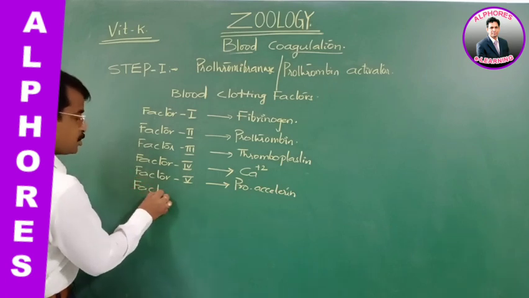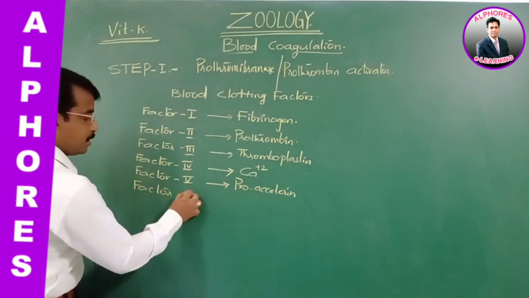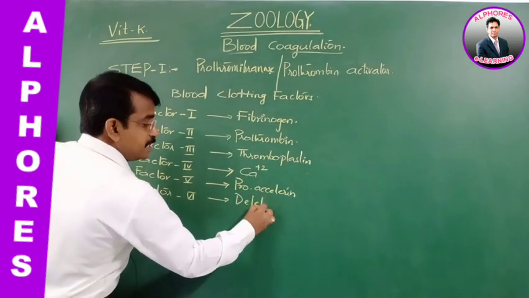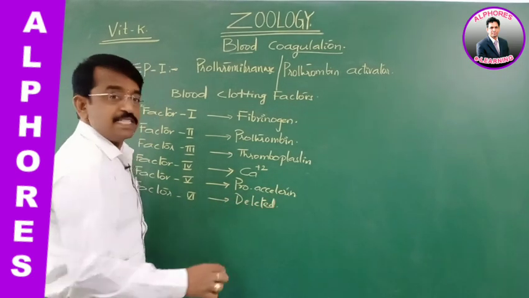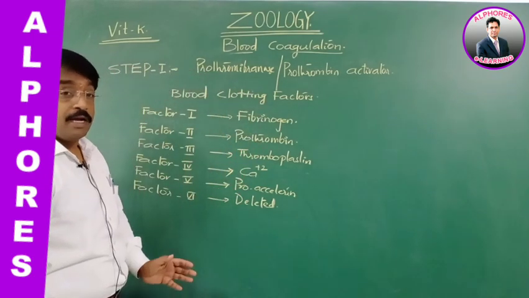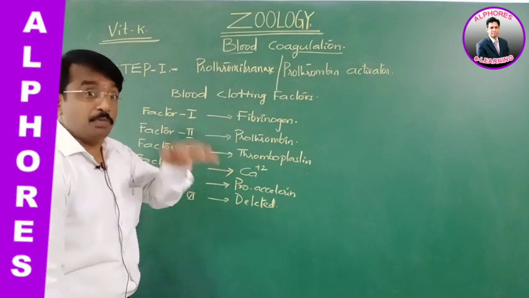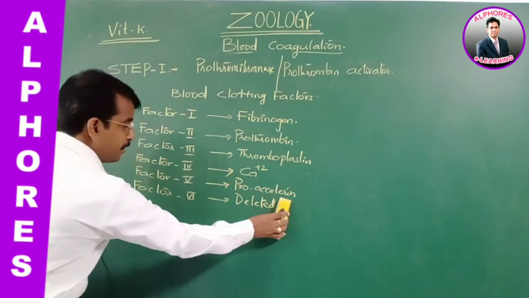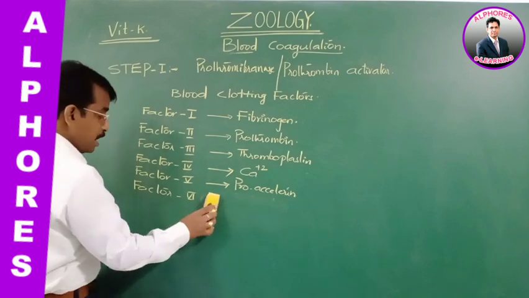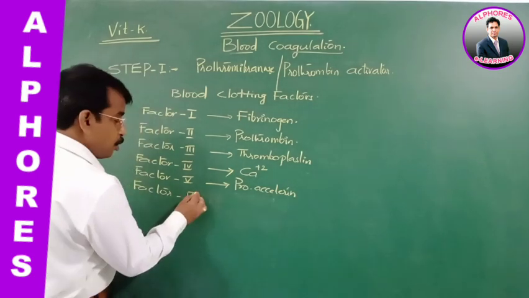Factor 6 is deleted. It is hypothetical. Writing deleted means it is not at all involved. Understand? It doesn't mean that deletion is one more factor. Don't think in that way.